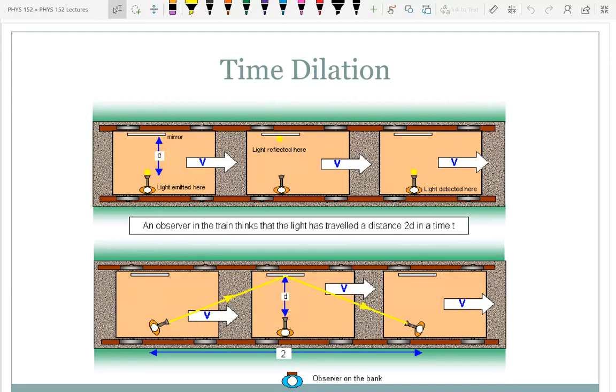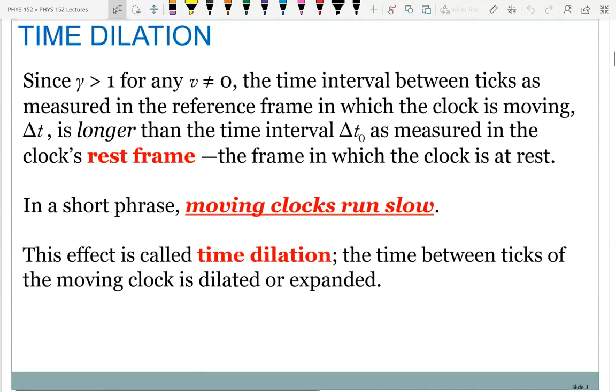We worked through using Einstein's clock idea to get to an equation that said the time for the clock that was seen as moving, that's an Earth observer watching the train travel with the clock in it, was equal to a parameter gamma multiplied by the time that's measured in the rest frame of the clock.